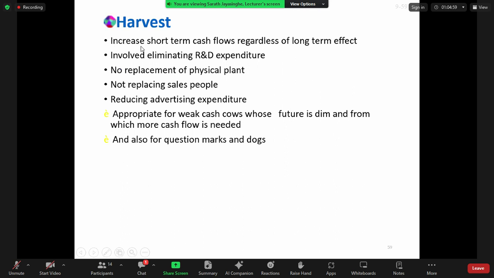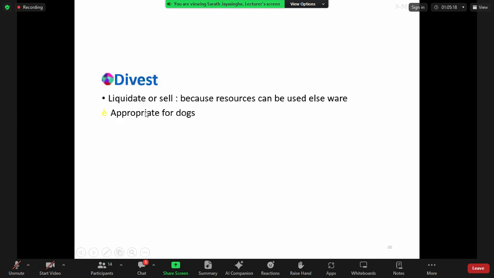Harvesting, which you can see is also good for dogs, means increasing short-term cash flows regardless of the long-term effect, involving eliminating research and development, no replacement of physical plant, no replacement of sales. No need to elaborate more on that. Liquidate means that we are selling or stopping production, and you can use that money somewhere else.